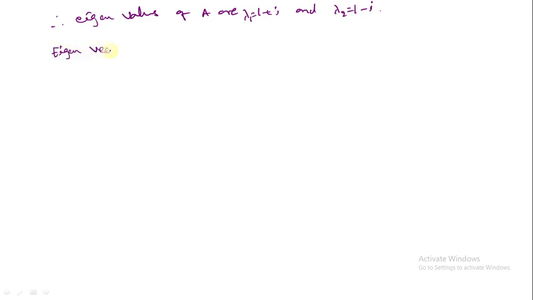Now find the eigenvector corresponding to lambda 1 equal to 1 plus i.